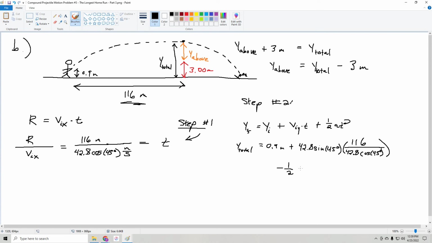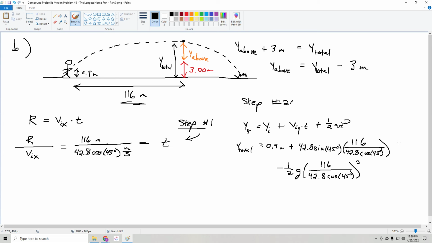The acceleration in the y direction that the ball is experiencing is due to gravity, so that's g. And instead of t squared, it's our expression for t from step 1. That's 116 over 42.8 times cosine of 45 degrees, and that quantity is squared.